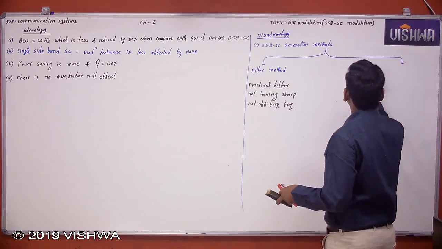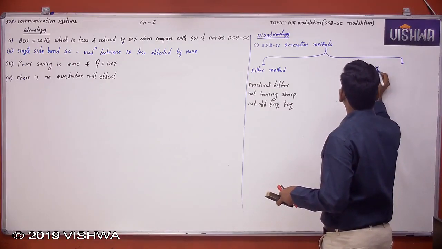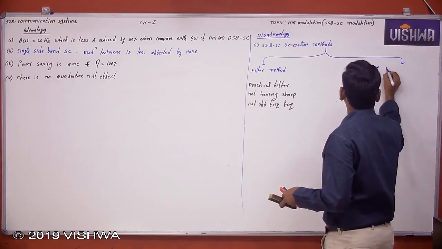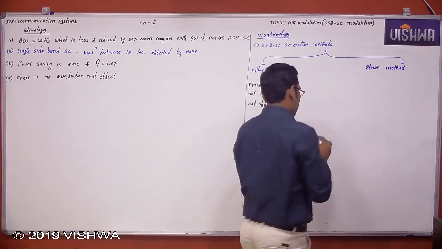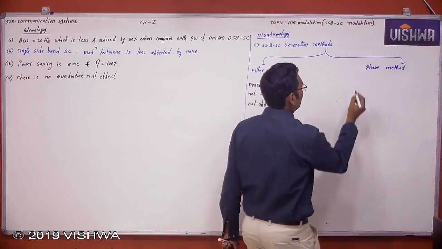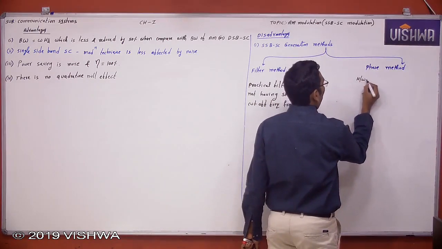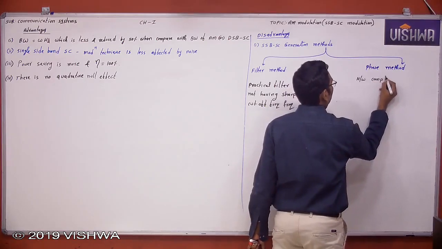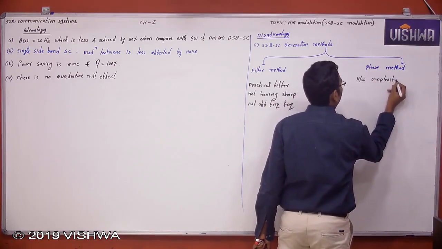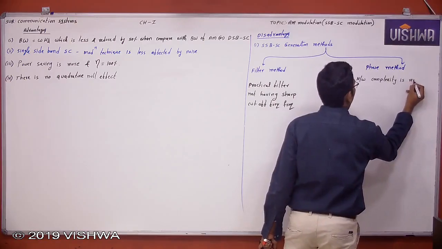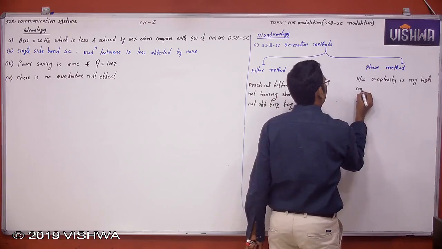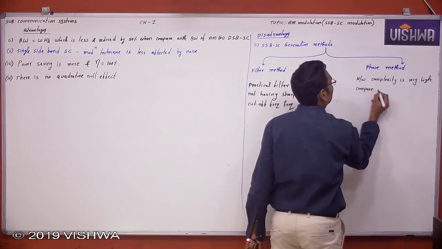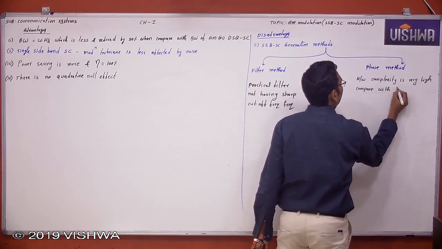Now in the phase discrimination method, the problem is that hardware complexity is very high compared with the filter method.